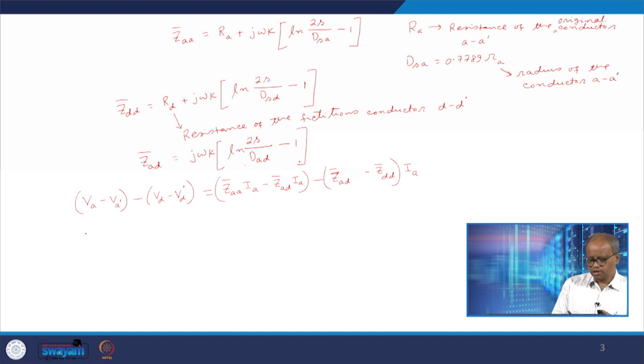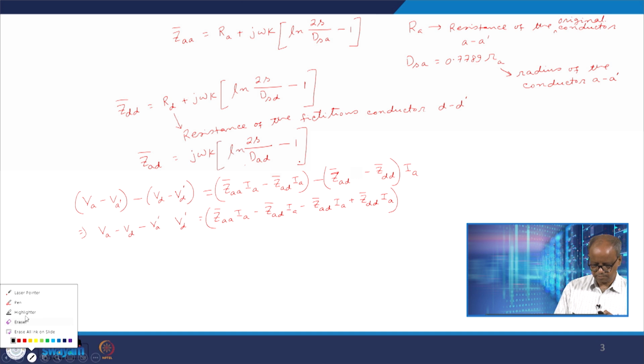So, then therefore, I can write down this equation that VA minus VD minus VA dash plus VD dash is equal to ZAA IA minus ZAD IA minus ZAD IA plus ZDD IA.